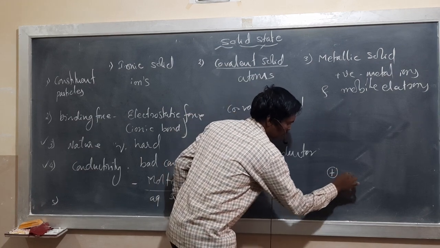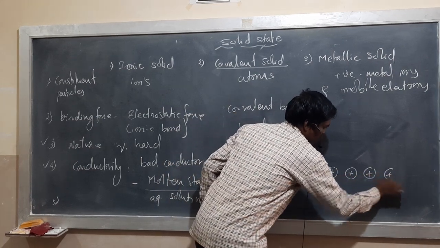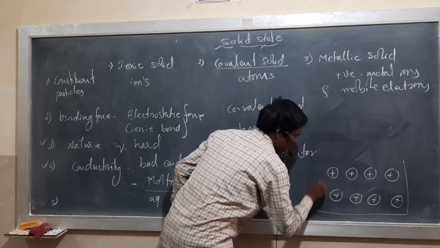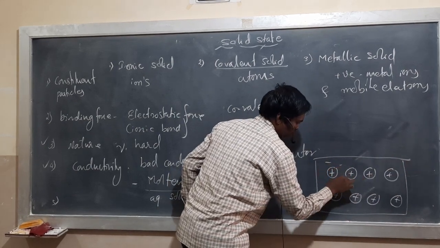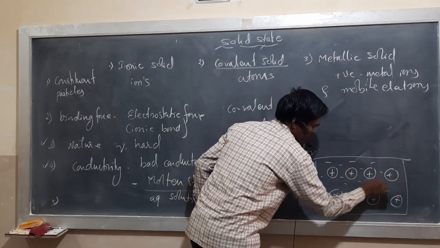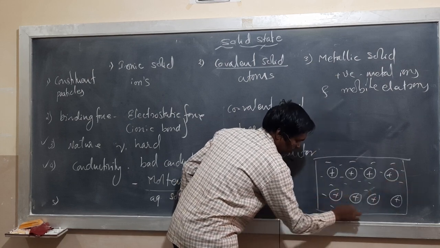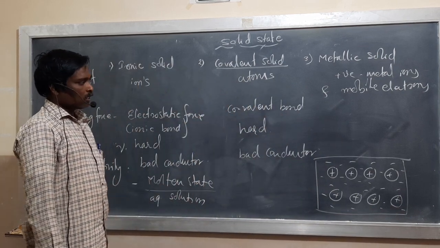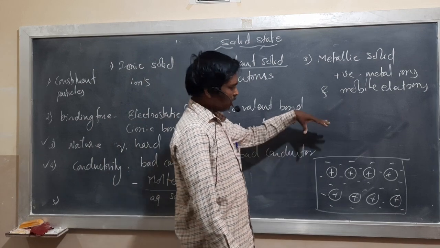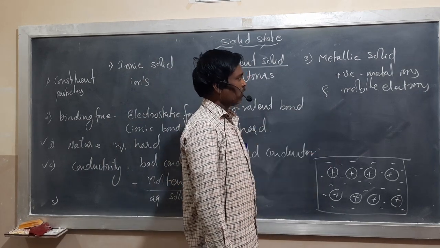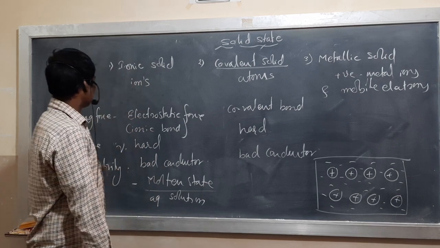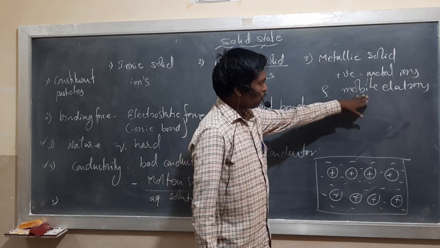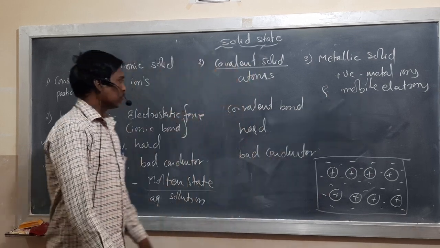This is the positively charged metal ions. These are surrounded by mobile electrons. It looks like the positively charged metal ions are dipped in a cloud of electrons or a sea of electrons. Therefore the constituent particles are positively charged metal ions, also called kernels, and mobile electrons, or a cloud of electrons, or a sea of electrons.